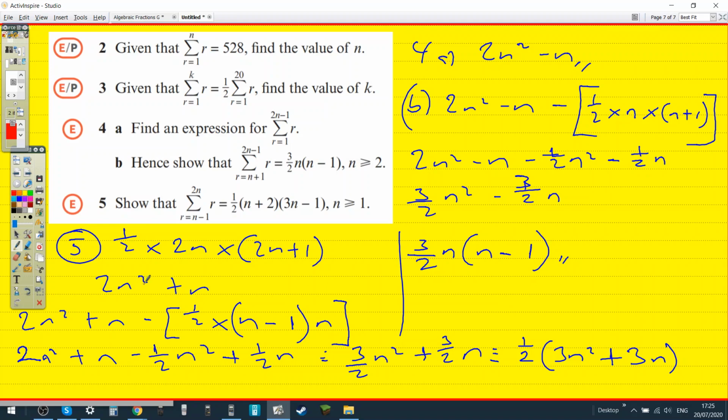Let's see. 2n squared plus n, that's okay. Minus a half, n minus 1. And maybe we need to do these properly. No, I think that was okay as well. A half n squared minus a half n squared and then plus a half n. So that one is 2n squared plus n.